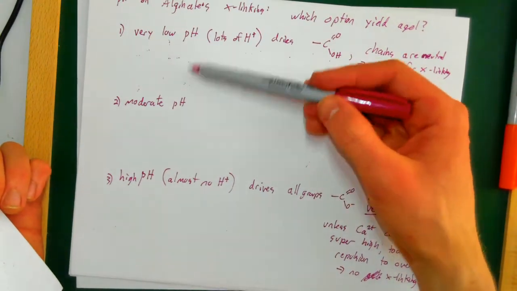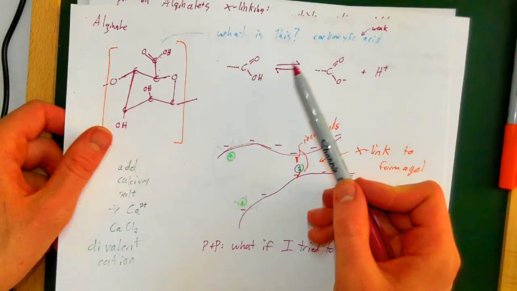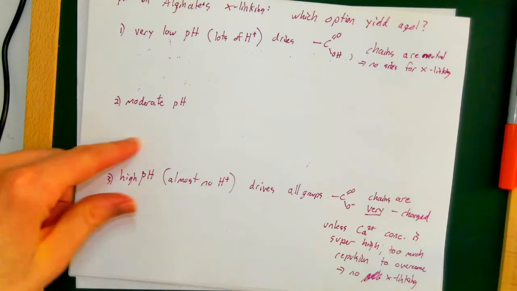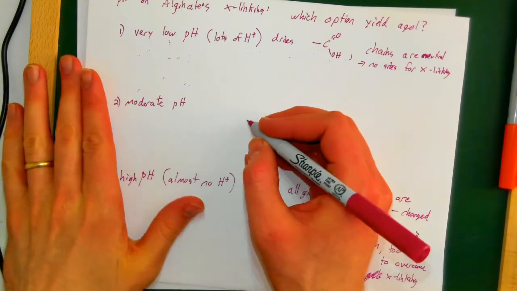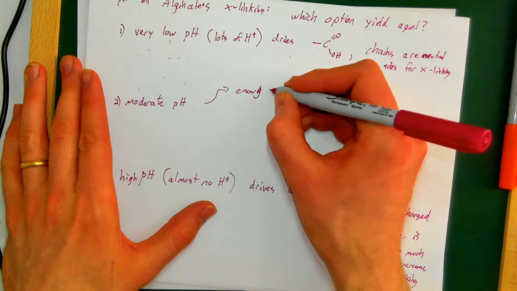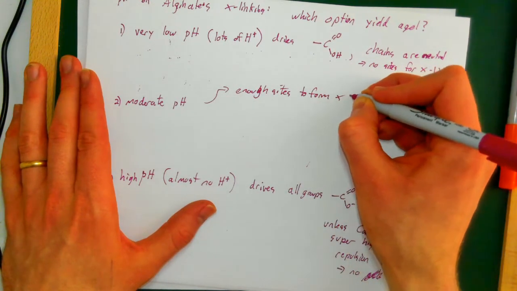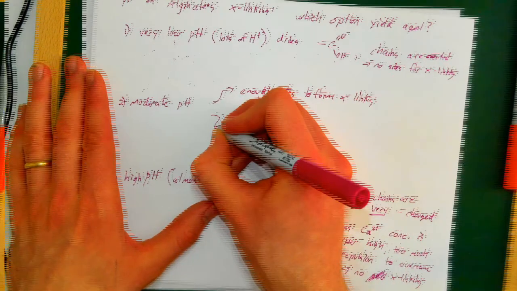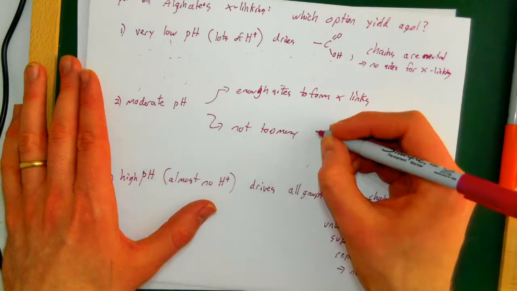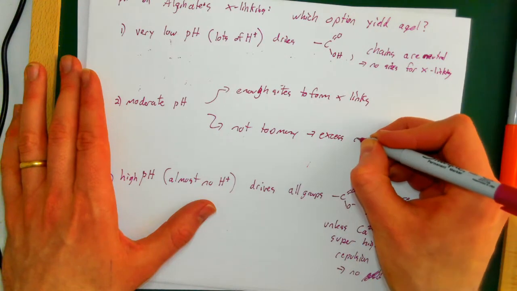So what does it mean? There's a sweet spot at a quote-unquote moderate pH, and exactly what that pH is depends on the pKa of that weak acid. At a moderate pH, there are enough sites to form crosslinks, but not too many, which would result in excess repulsion.